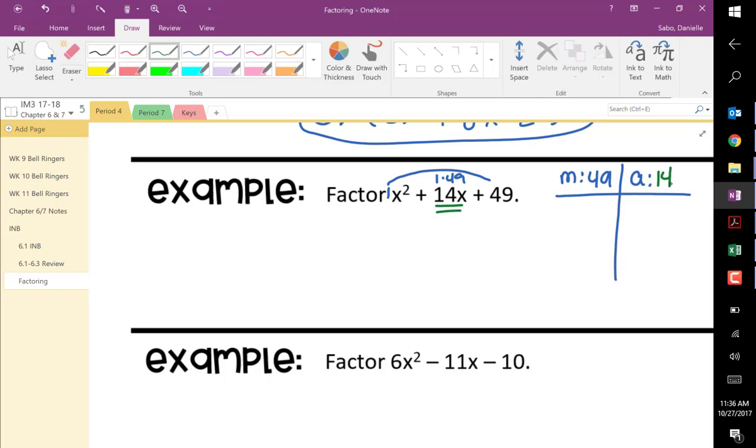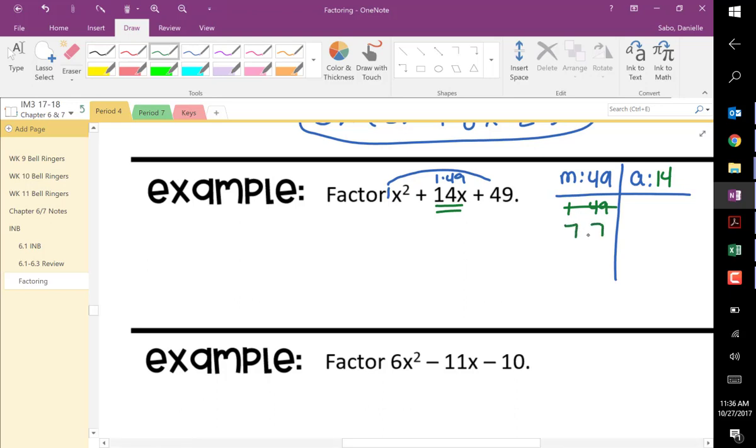I'm going to write all of these out because I want to make sure that you understand how to do these when you're taking your quiz or your test. So I'm going to write all of them out just for the sake of notes. I have 1 and 49. That one doesn't work. Does 2 go into 49? What about 3, 4, 5, 6, 7?